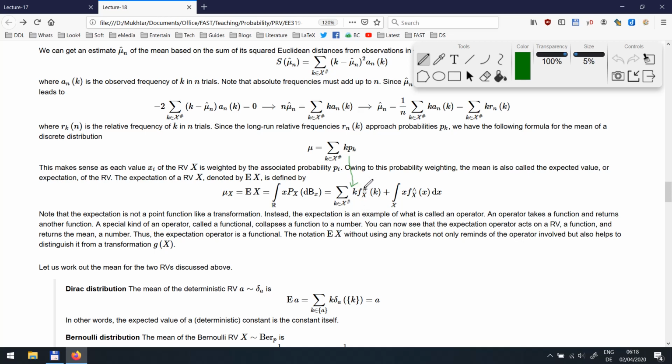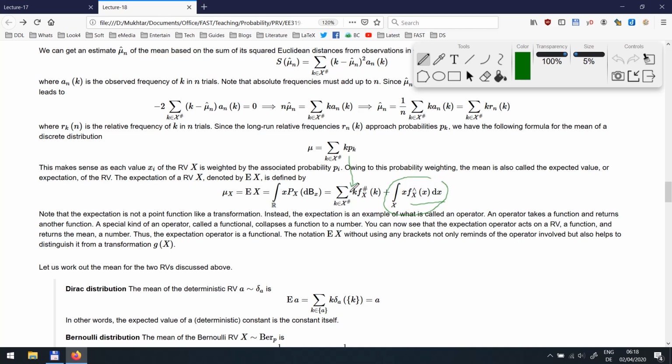Weighted average, this is for the discrete part of the random variable. And if it has some continuous character, it will also have another sum, a weighted sum. And remember, each value is weighted not by density, but by probability, because density multiplied by dx is probability.